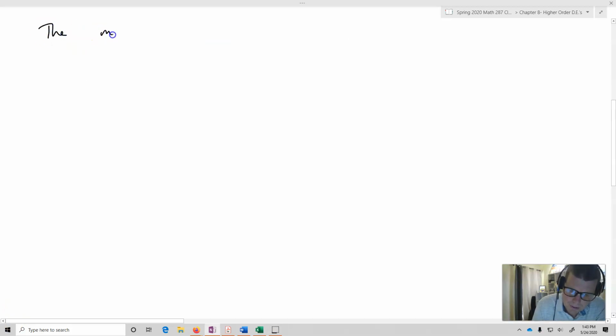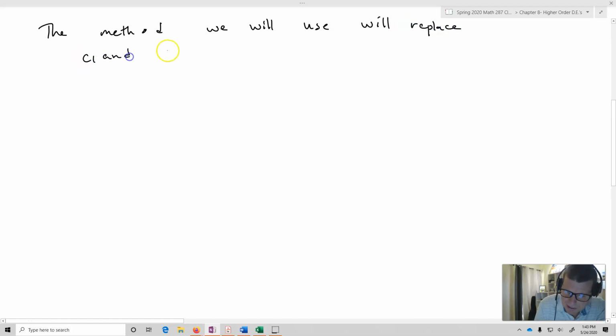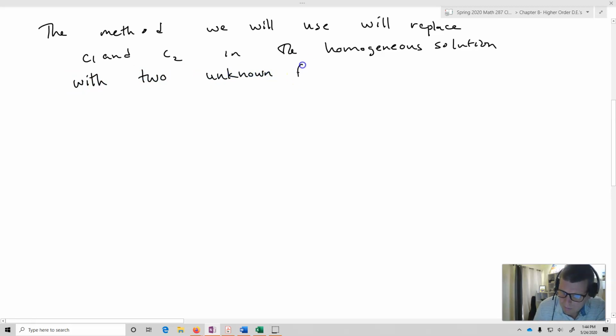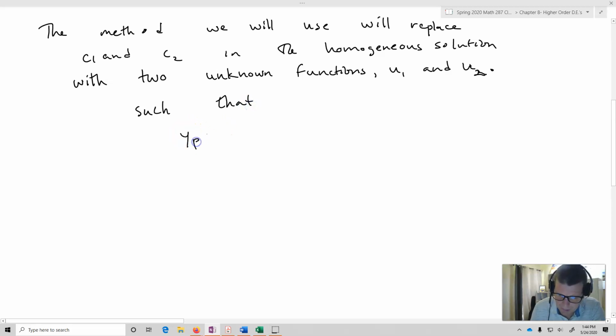The method we will use will replace C1 and C2 in the homogeneous solution with two unknown functions, u1 and u2, such that yp, our particular solution, is going to equal u1 of x y1 of x plus u2 of x y2 of x.